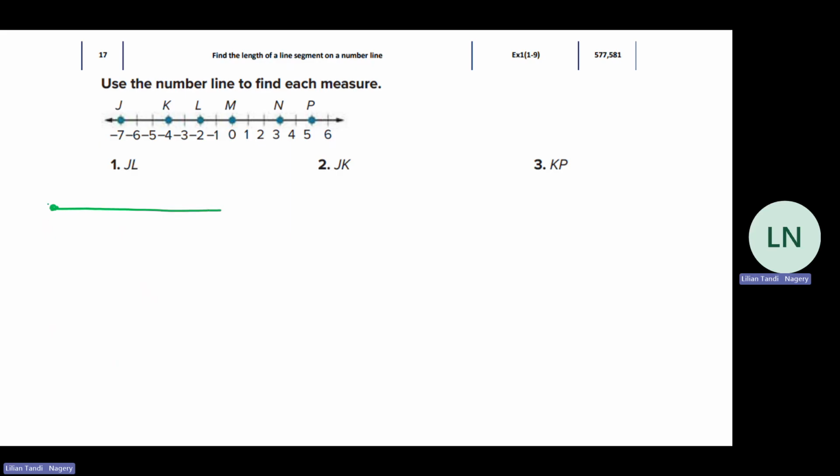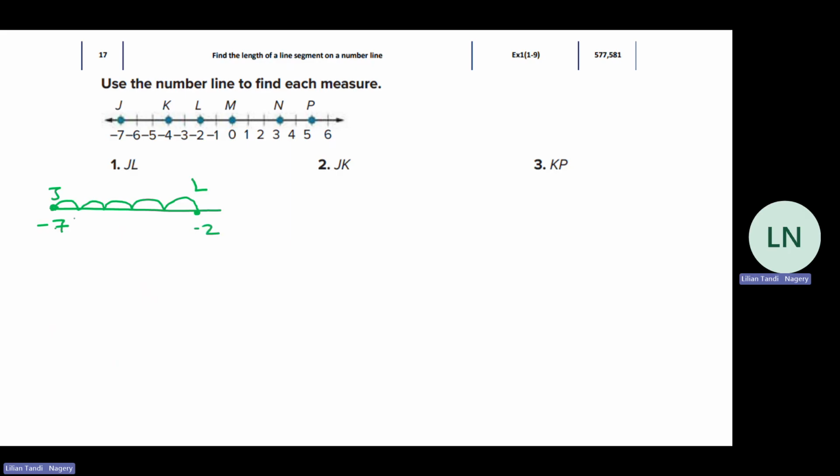This is J, and J is at -7. And you want to go to L. L is -2. So -6, -5, -4, -3, -2. So this should be L, and this should be -2.